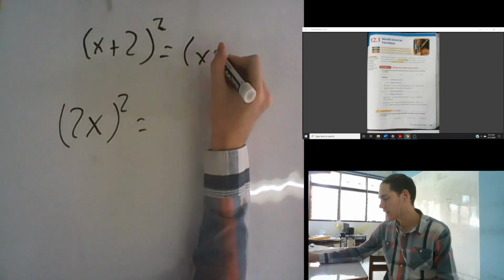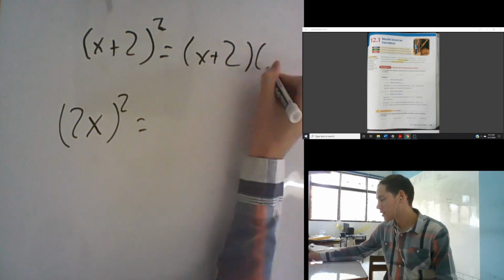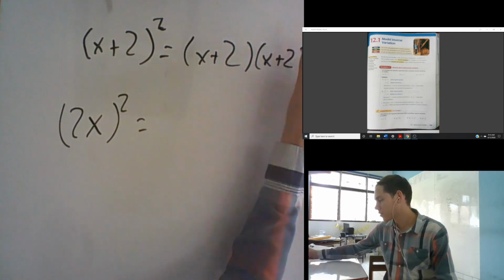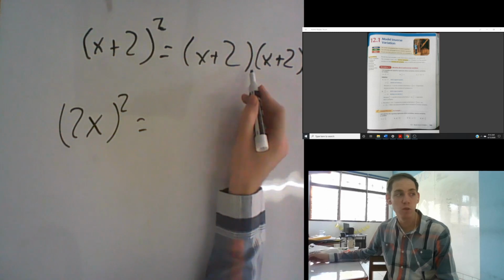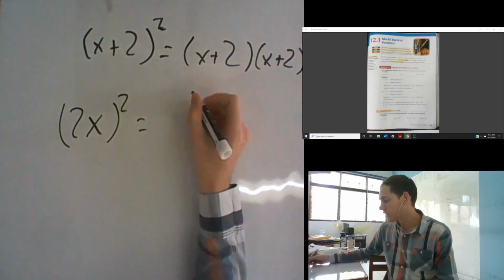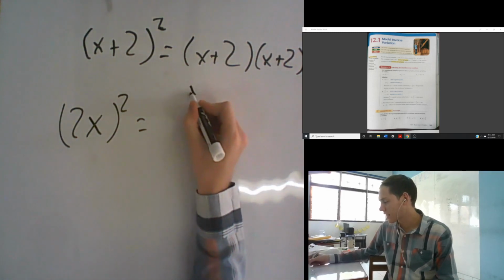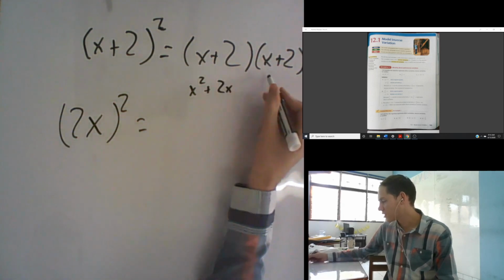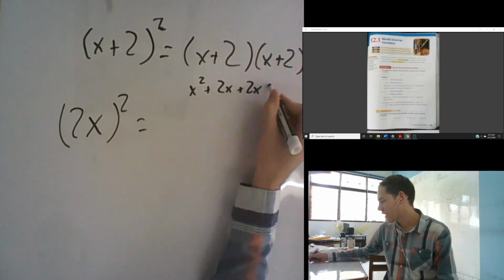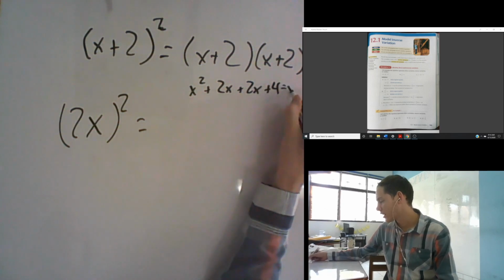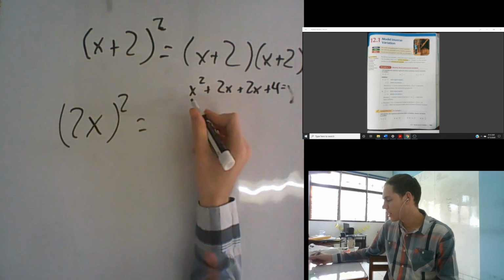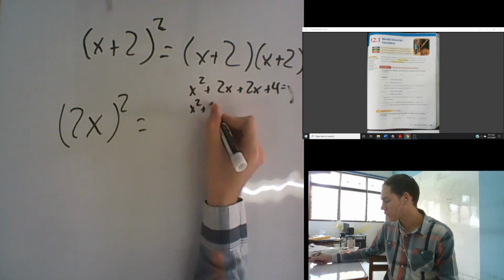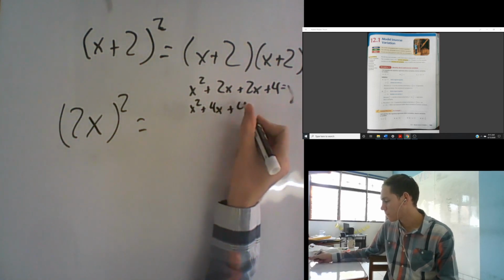So it's actually just x plus 2 times x plus 2. Which you then FOIL, and you get x times x, x squared, x times 2, 2x, 2x, and 4. So your answer here is x squared plus 4x plus 4.